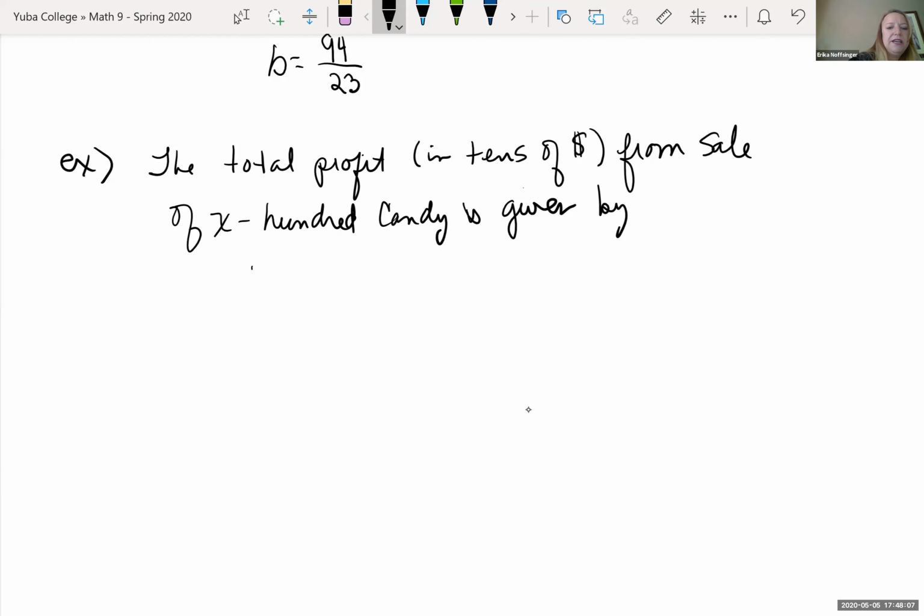Okay, so we're given that the profit P of x in tens of dollars is negative x cubed plus 10x squared minus 12x.